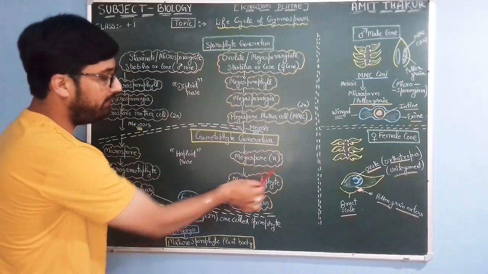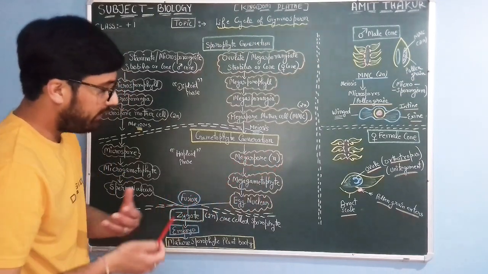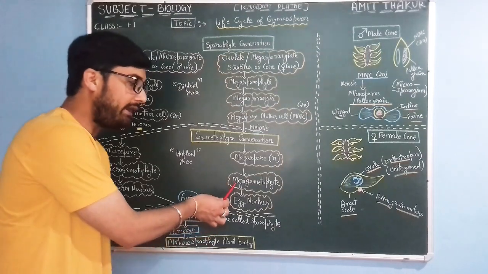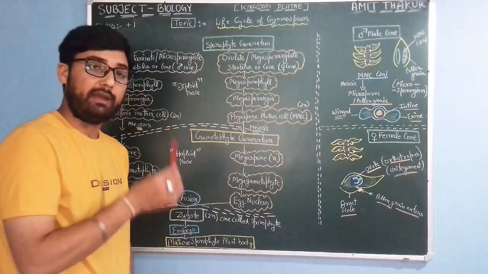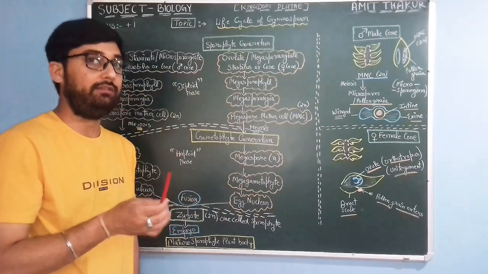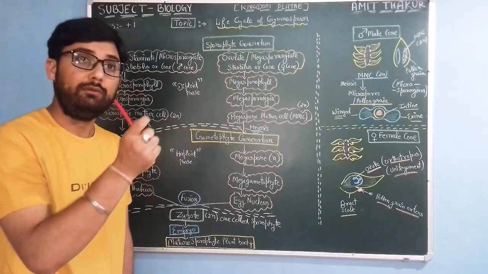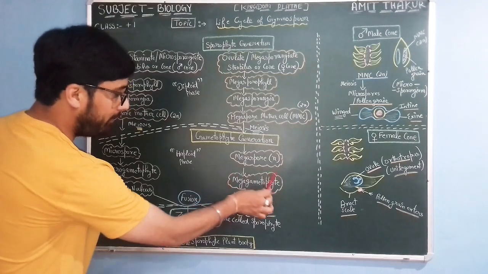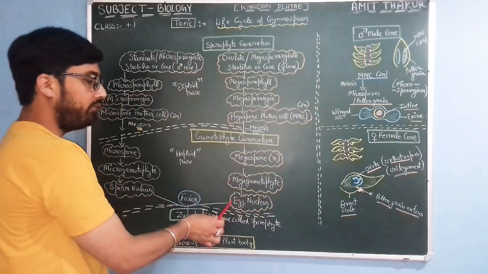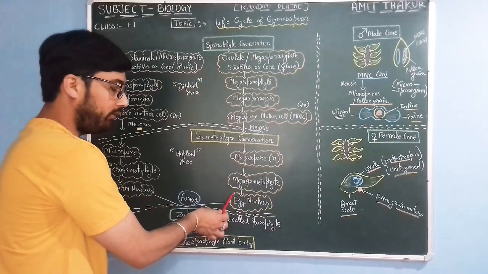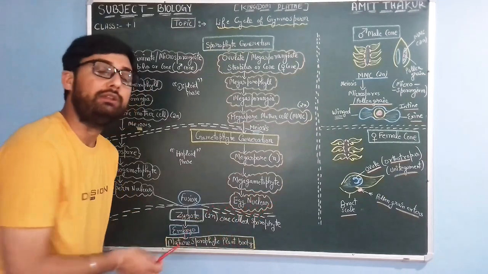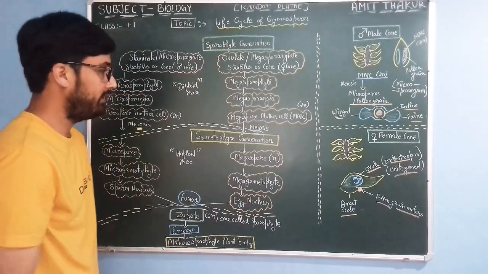This megaspore then changes into megagametophyte. That means the female gamete is now going to be formed. So the megagametophyte then turns into the egg nucleus or egg cell.